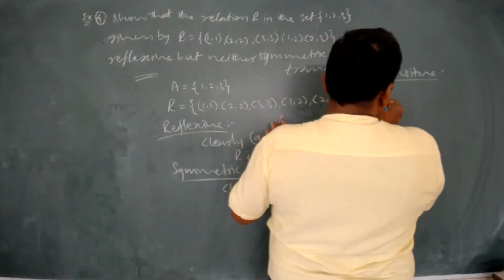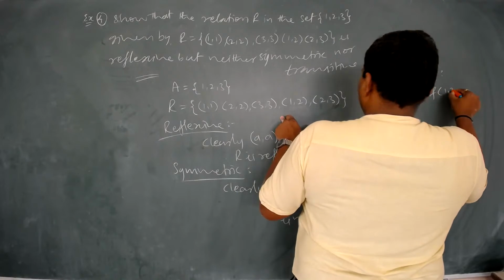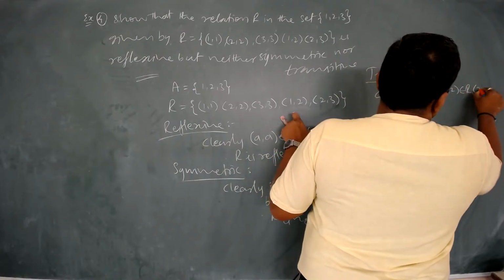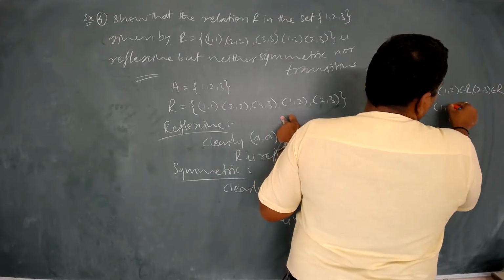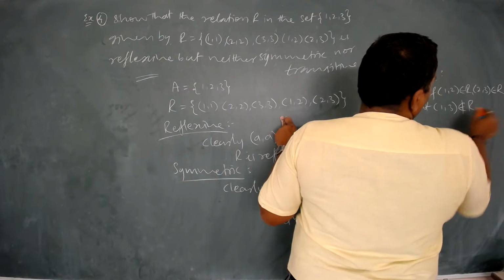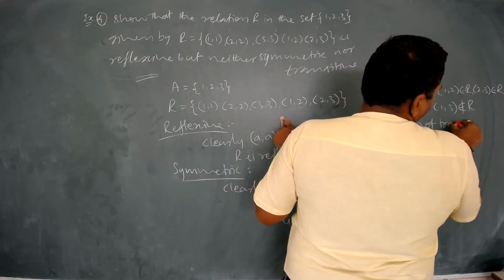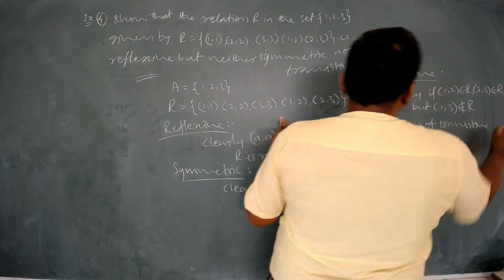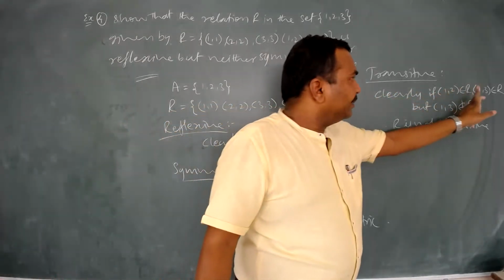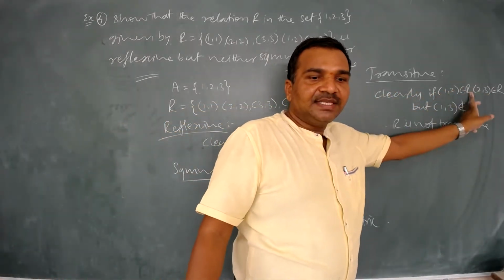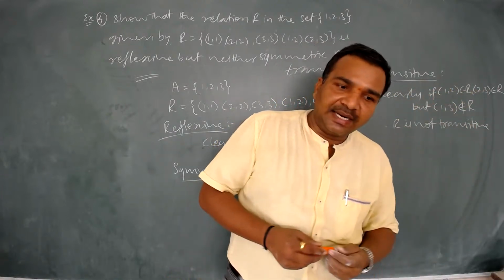So clearly, (1,2) belongs to R, (2,3) belongs to R, but (1,3) does not belong to R. Therefore, R is not transitive. Clear now? (a, b) is there, (b, c) is there, but (a, c) is not there. Therefore, it is not transitive.